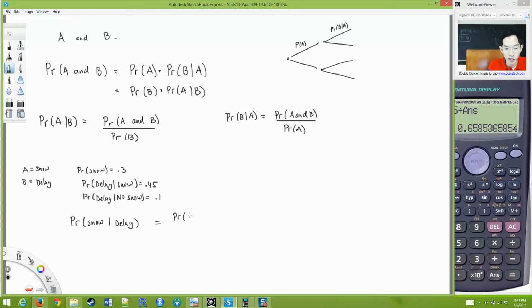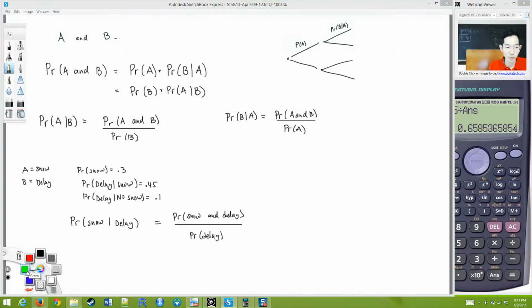Using what we have, the probability of snow given delay is the probability of snow and delay divided by the probability of a delay. All I'm doing is just applying this equation right here.